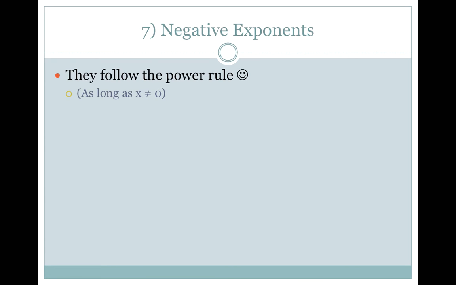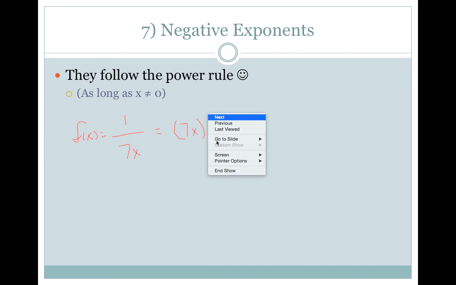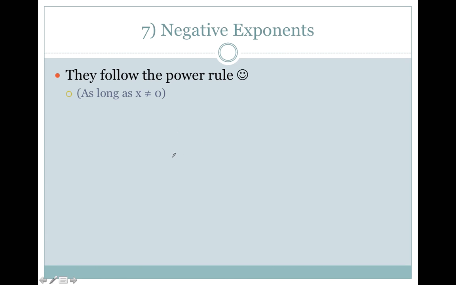So, if we were to have f of x is equal to 1 over 7x, and we didn't feel like dealing with the quotient rule, we could write this as 7x. Oh, we can't do that. Hold on. Let's pause, rewind, erase pen.